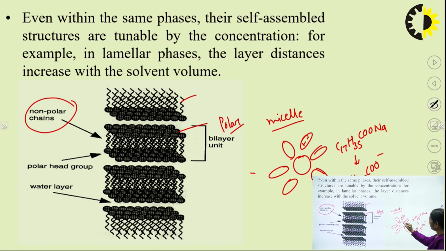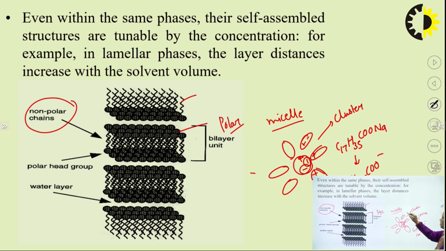So the positive side of the polar solvent is attracted towards the negative sign of the organic molecule, while the negative side of the polar solvent is attracted by the positive side of the organic molecule.